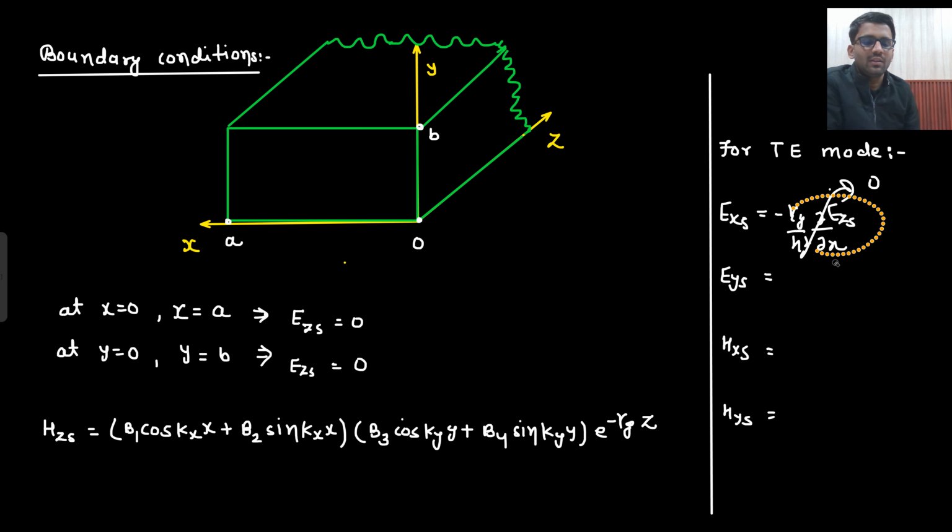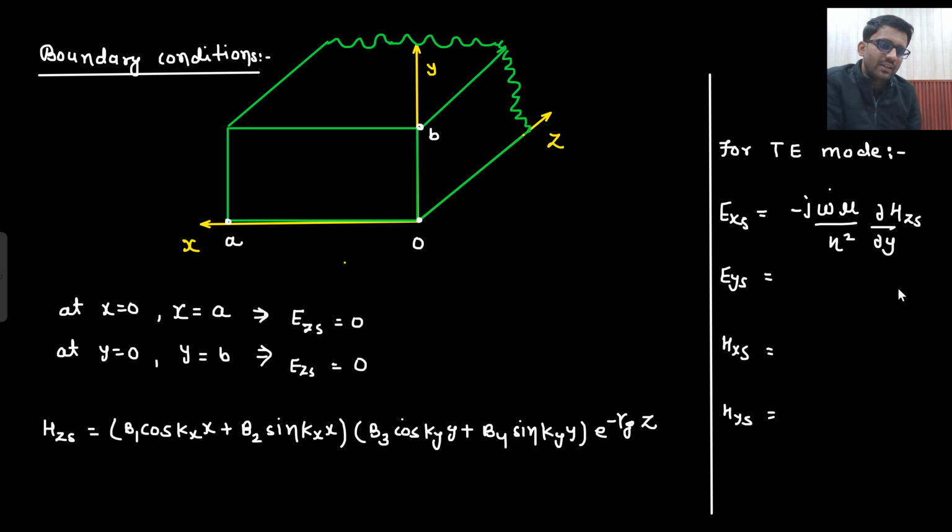Now the j omega mu term will come. So minus j omega mu upon h square del by del Y HZS, that will come, right? Same goes here, j omega mu upon h square del by del X HZS will come here.